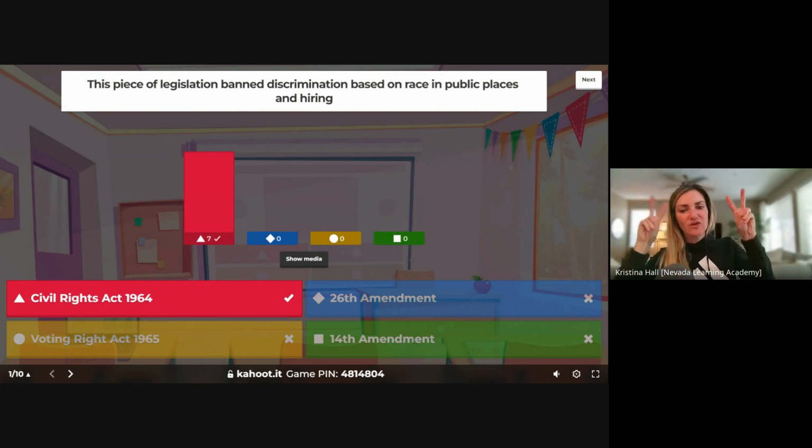So yes, legally you could vote, but if you have to pay a poll tax or pass a literacy test, they would put these obstacles, hurdles, so to speak. So a lot of this legislation is, the amendments were there, but you have to be really specific because governments were finding ways around it. Does that make sense? Sometimes you've got to get really specific, and these are definitely an example of that.